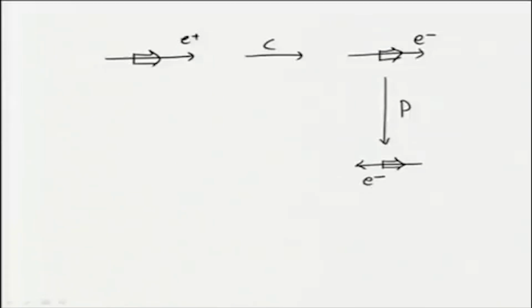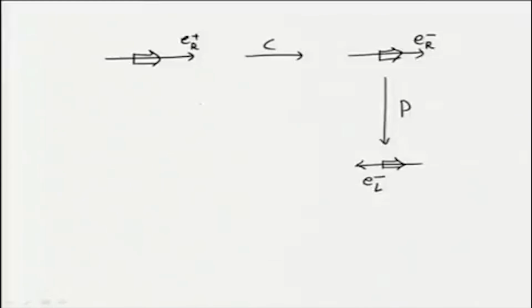What is that? It is an electron with spin oriented opposite to the momentum. So, we start with a right-handed positron, under charge conjugation it goes to a right-handed electron, under parity it goes to a left-handed electron, and that is fine, that is observed.